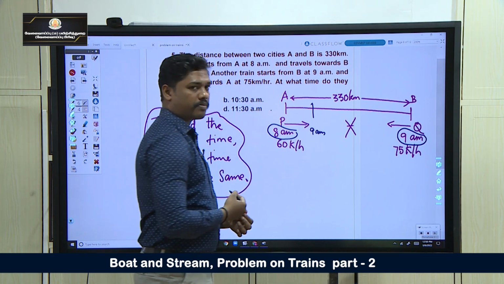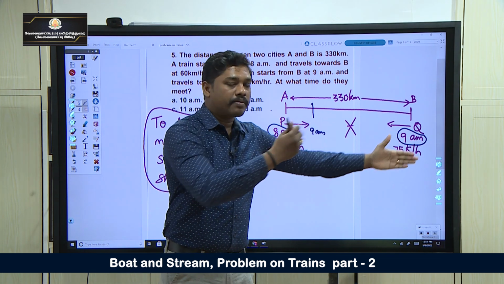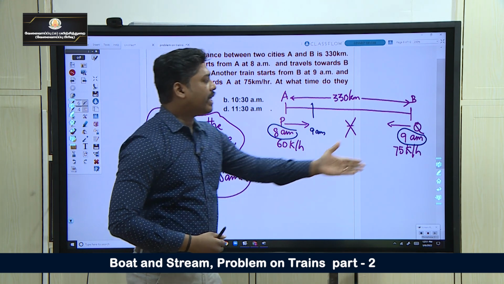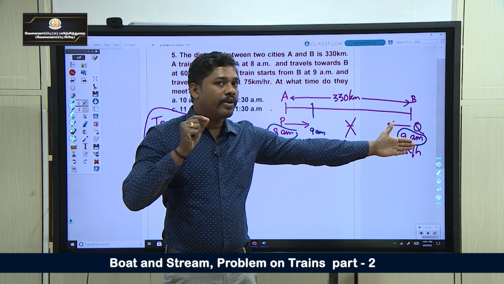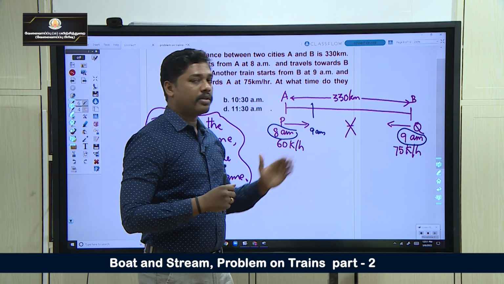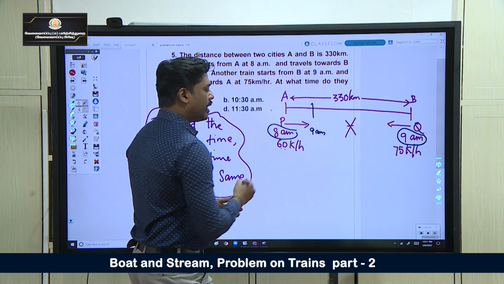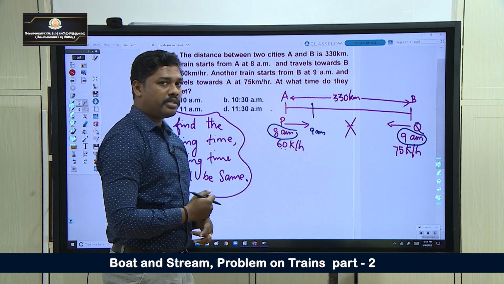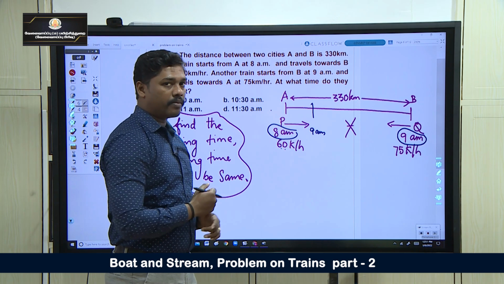I cannot tell this train to start early or late. The second train starts at 9 a.m., so at that time we have to find where the first train was. The first train was moving at 60 kilometer per hour, which means in 1 hour it has traveled 60 kilometer.